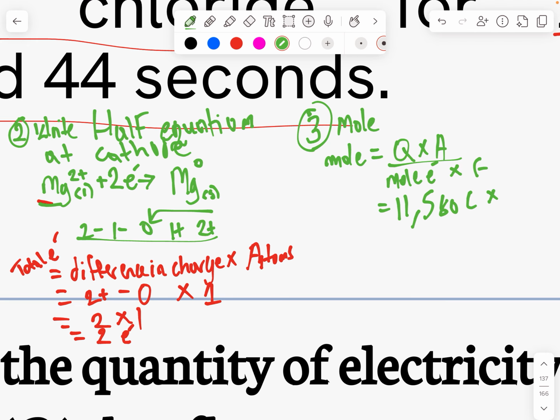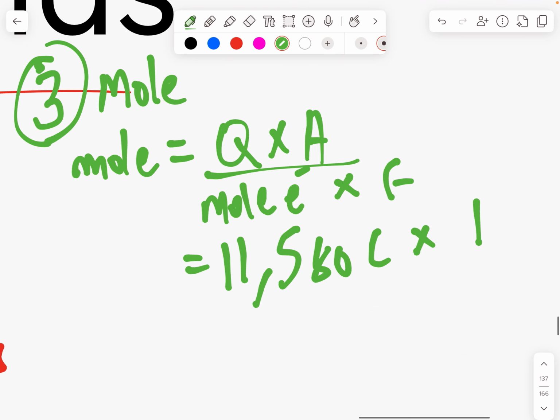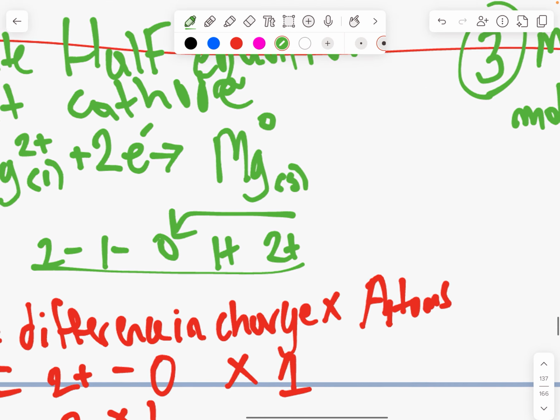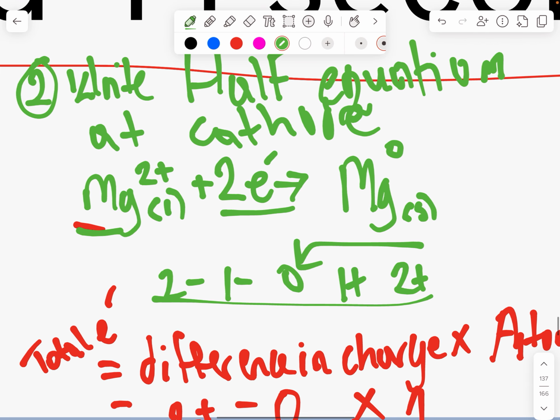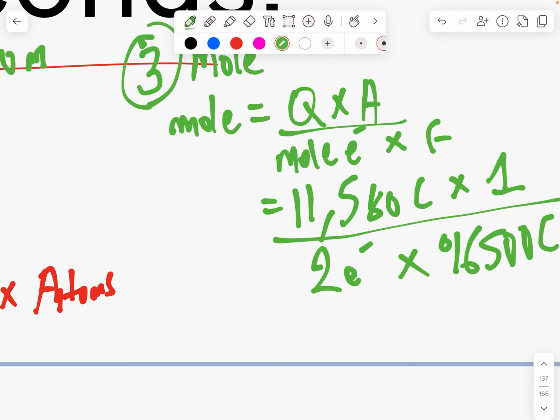It's 1 atom present, and you can just look at one side to not get confused. Divided by the mole of electrons. If you look at your half equation, it's 2 electrons involved. So the mole of electrons is 2e times Faraday's constant, which is 96,500 coulombs. Because it says mole of electrons, it's going to be 2 mole e.